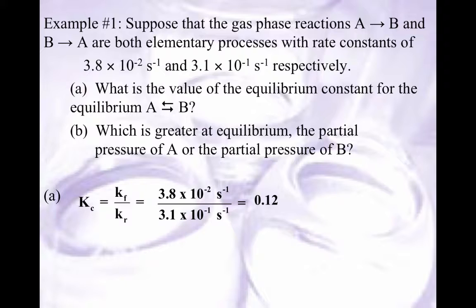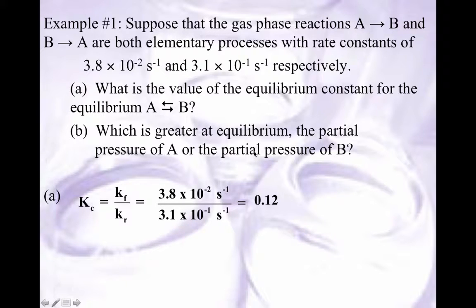When you divide those two, you should get 0.12. Again, that's because when we are trying to find our equilibrium constant, we can divide our rate constants, forward divided by reverse.